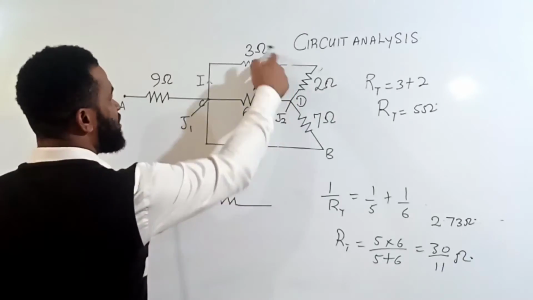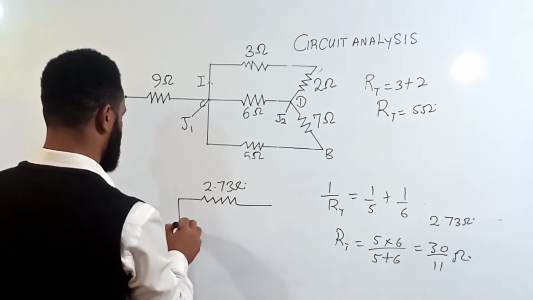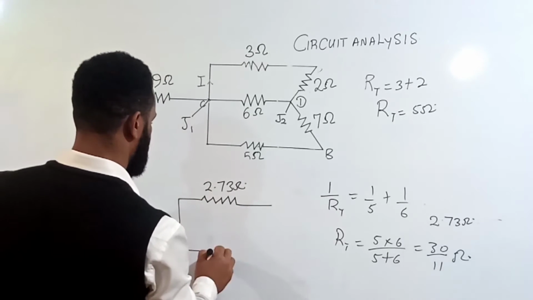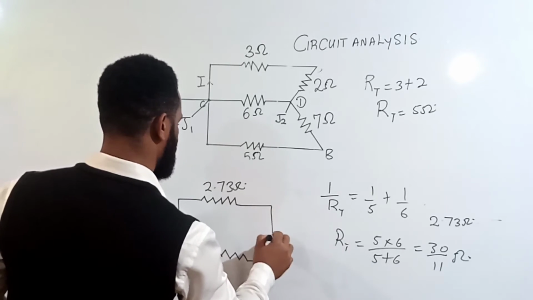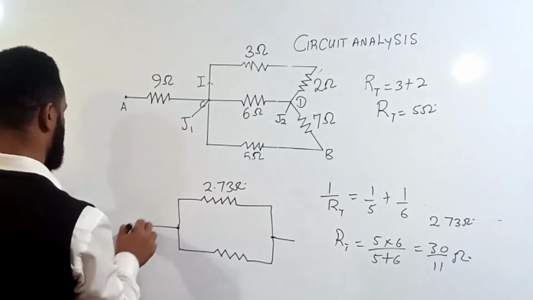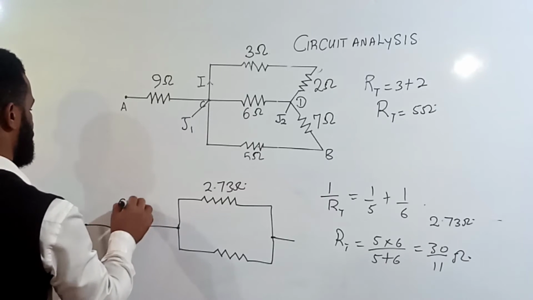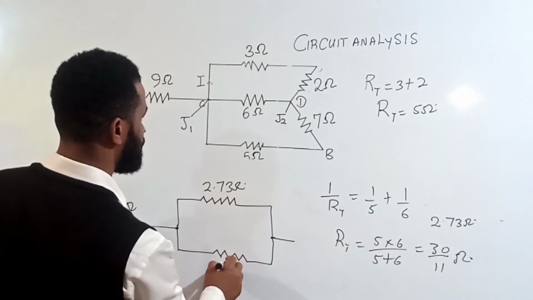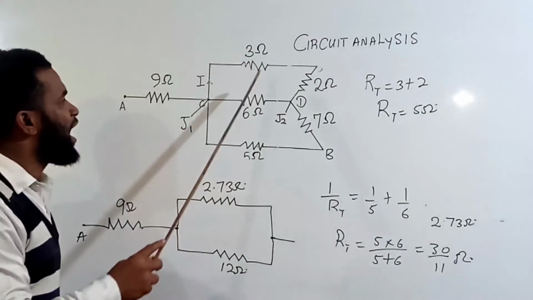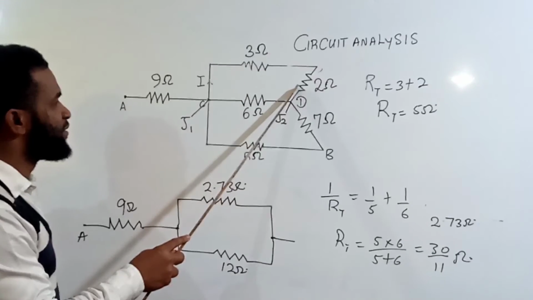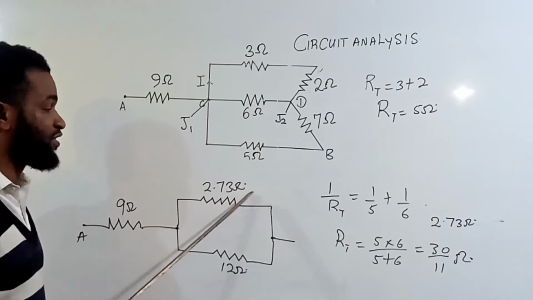Then, because 1, 2, 3 have formed this one, then this and this is going to form... now you see, I combine this plus this, which I did, and I combine this and this to give you 2.73.